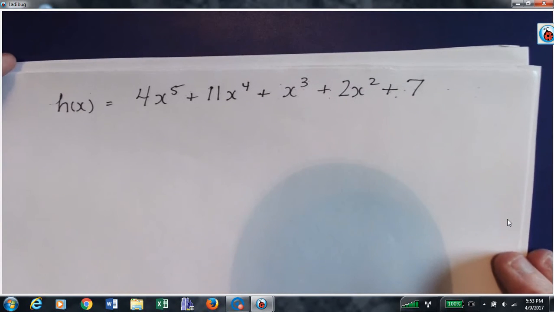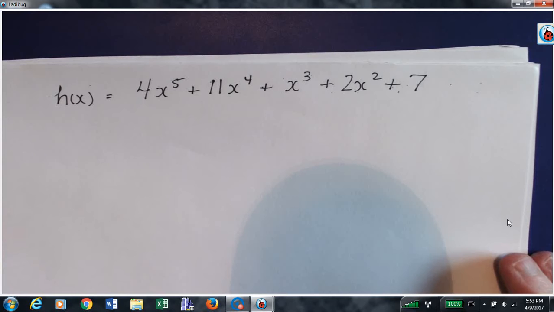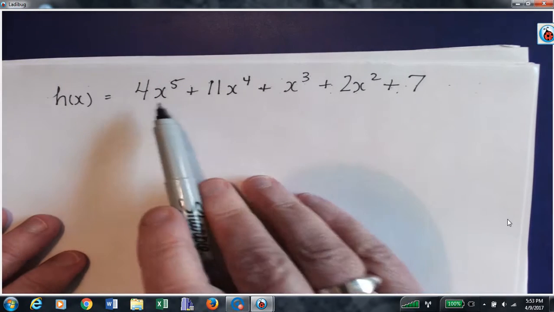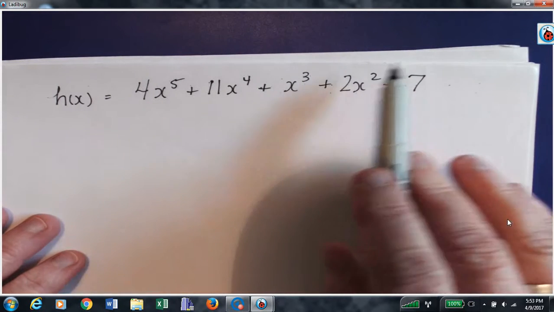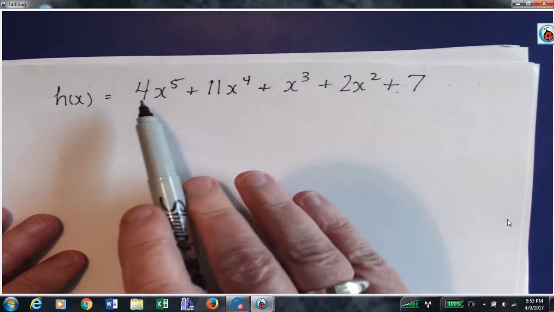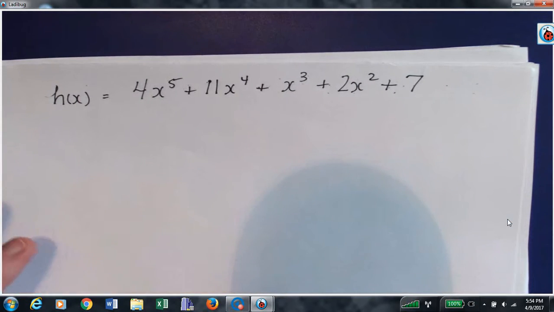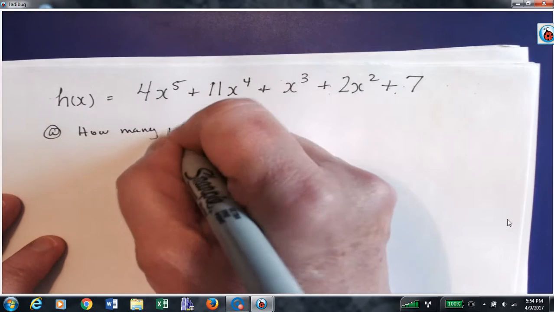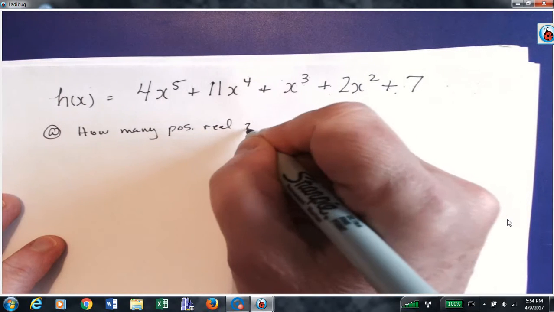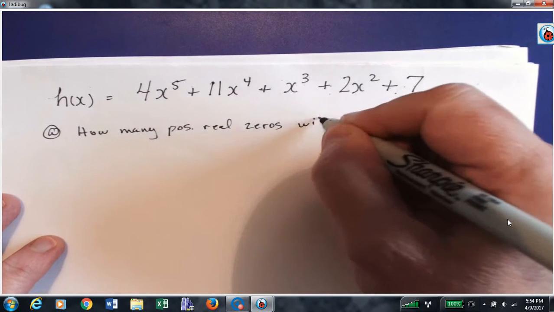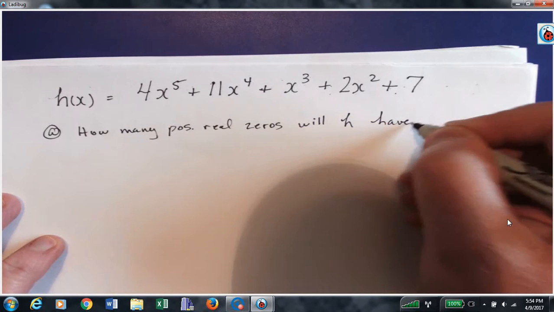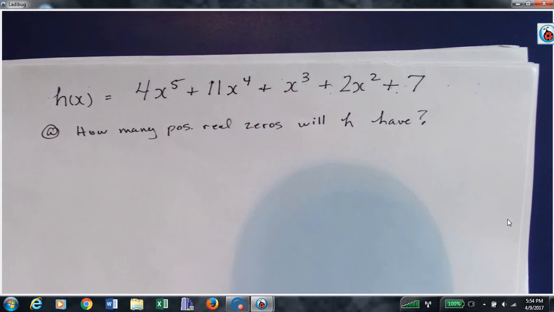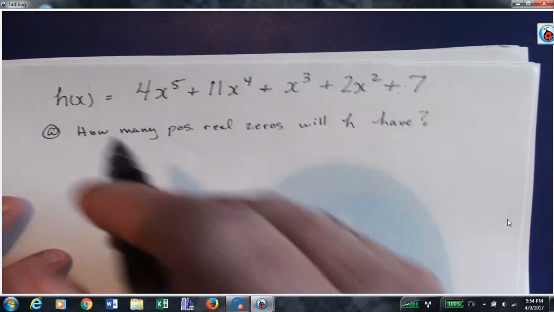Let's do one more about this guy. So now my polynomial function is h. It's got real coefficients. Its constant term is non-zero, and my powers of x are in descending order. So how many positive real zeros will h have? Well, we do Descartes' rule of signs, and we count up the changes or the variation in sign, going from left to right.